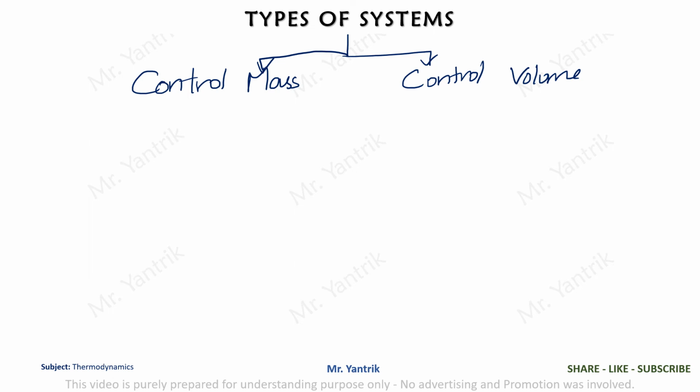So what is control mass system and what is control volume system? Control mass system is where total mass is taken as constant. The mass will not be modified over there.